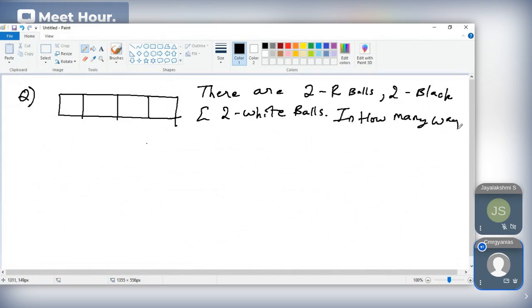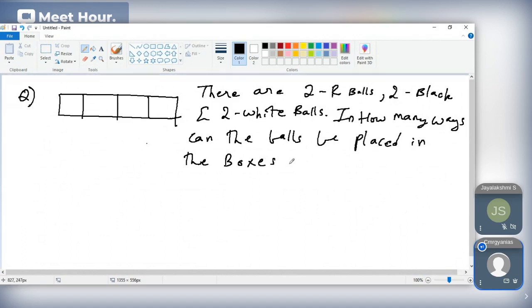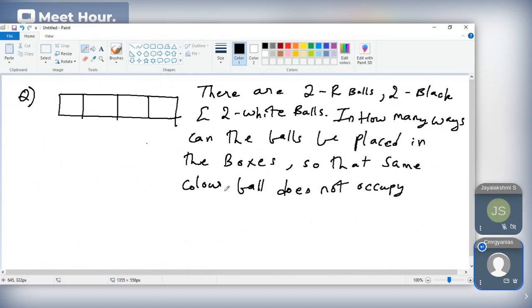In how many different ways can the balls be placed in the boxes so that same color ball does not occupy consecutive boxes? This is the question.